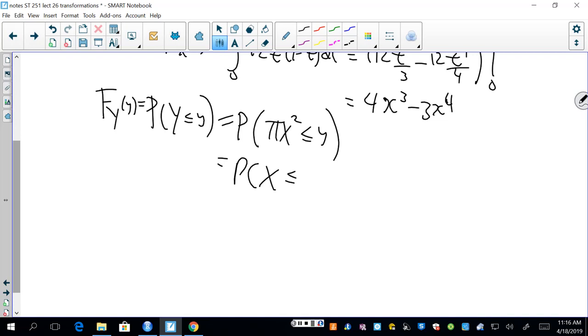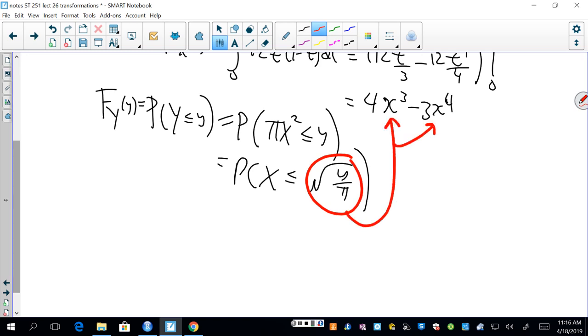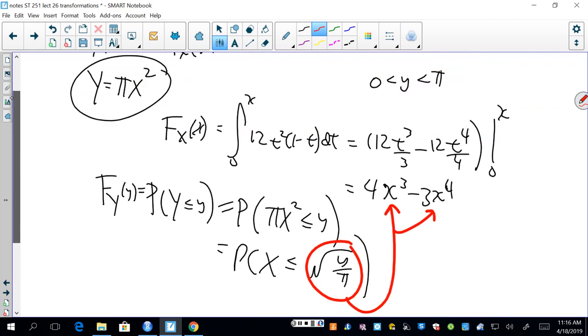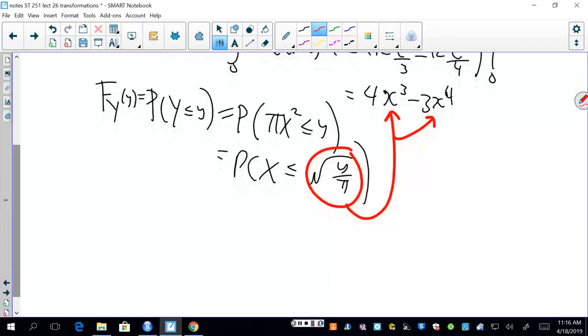In this case, we'll take y over pi and take the square root of everything. There's no real complication. All values are positive, so the square root is 1-to-1. And so if we plug this in for these x's, that's what the cumulative means: the cumulative evaluated at that point means plug that thing in.